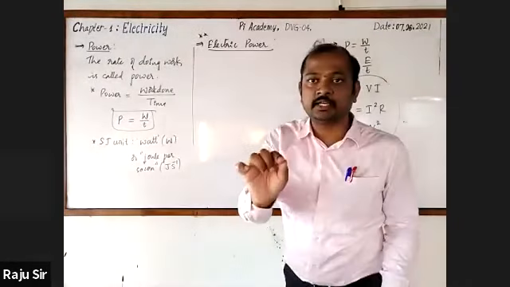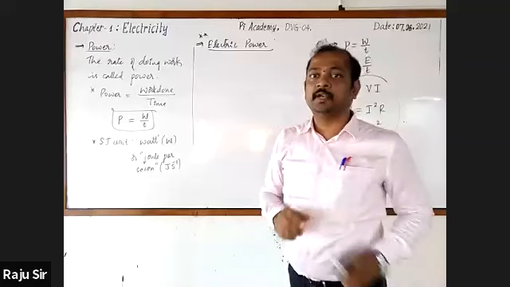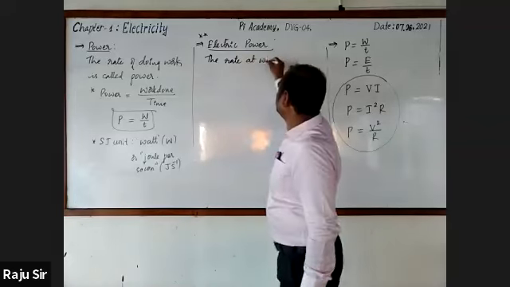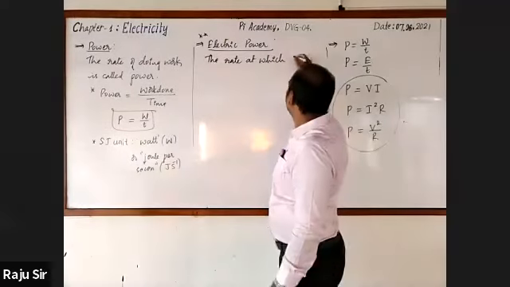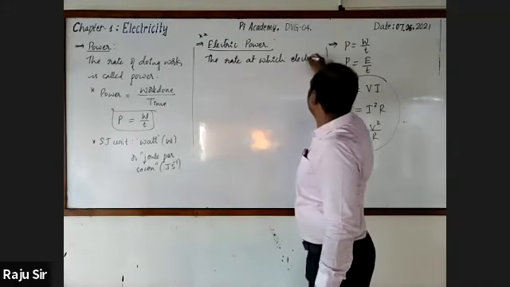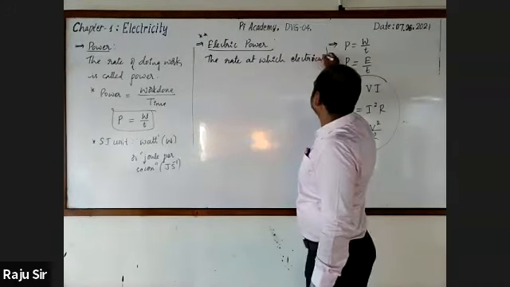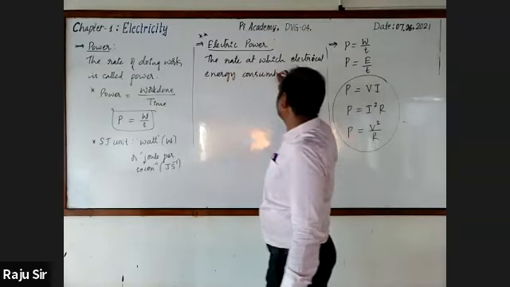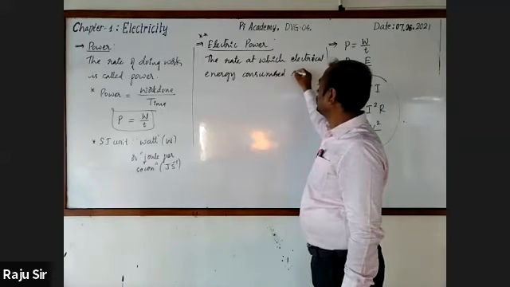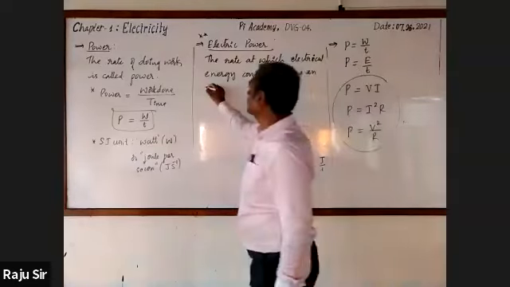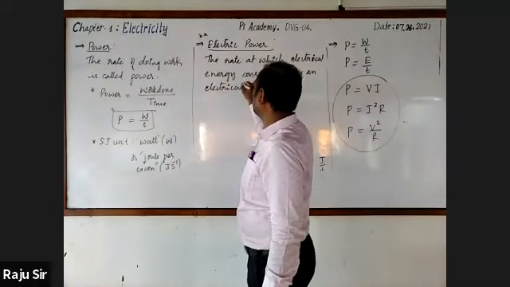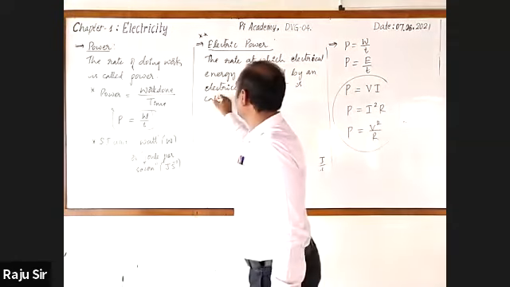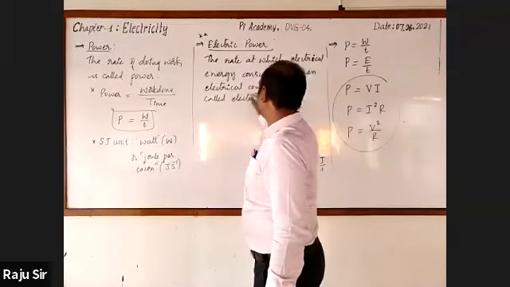Electric power is related to electrical components. Right? Definition: the rate at which electrical energy is consumed by an electrical equipment or electrical component is called electric power.